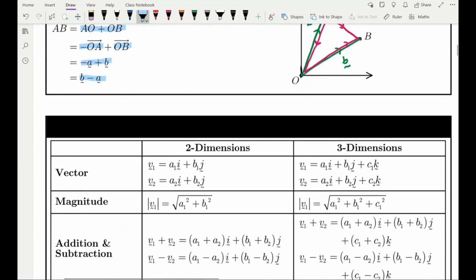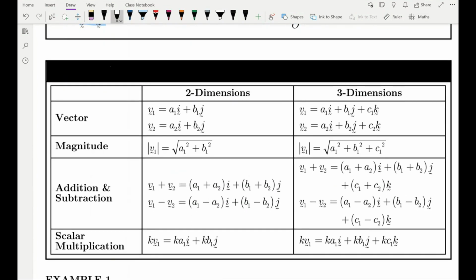Alright, next. Addition and scalar multiplication, such as we have 2 dimension and then 3 dimension.